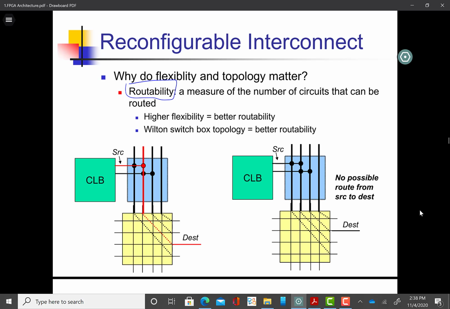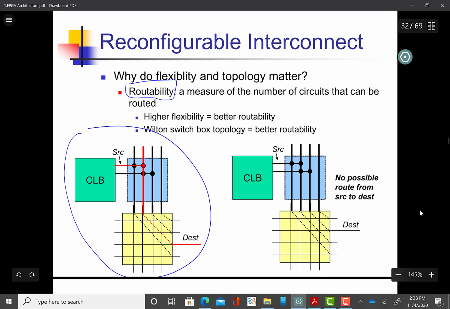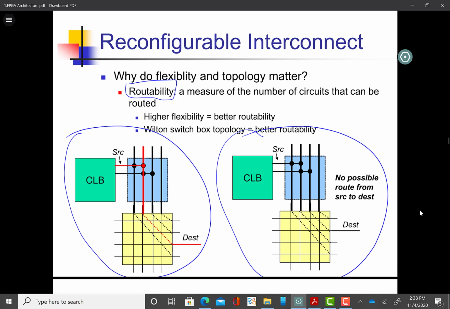For example, let's imagine these two figures. The source is here at the output of, for example, CLB1, and it is connected with the red lines here, and this is our destination. Okay, this is fine, but let's say our destination is not the third wire but the fourth wire.